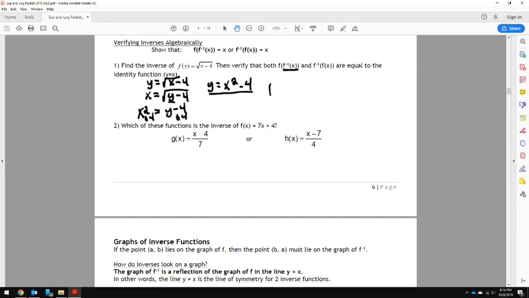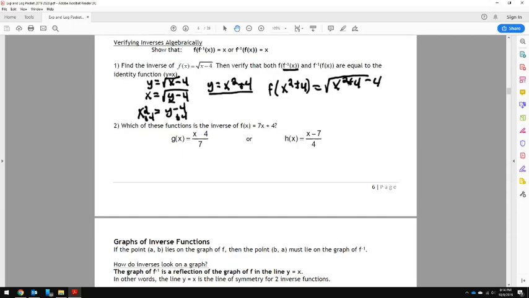So f of x squared plus 4 is equal to the square root of x squared plus 4, and finish off the rest of the equation with minus 4.